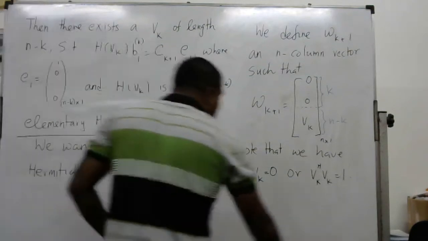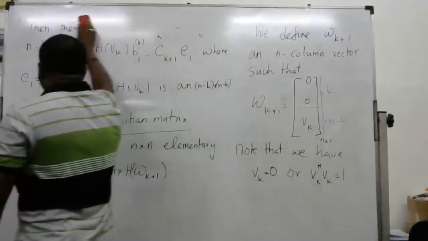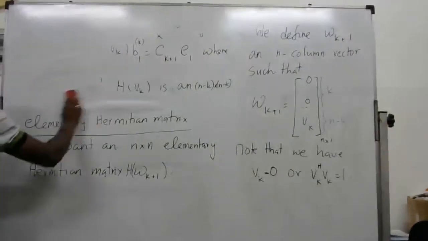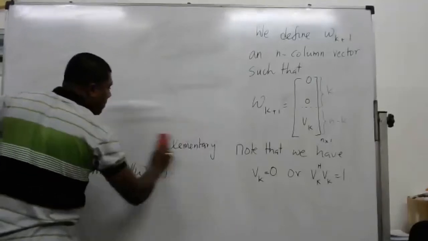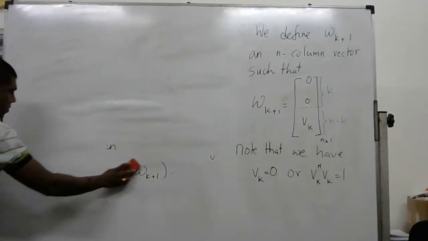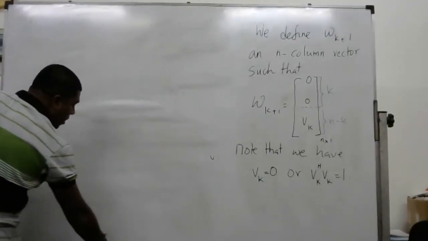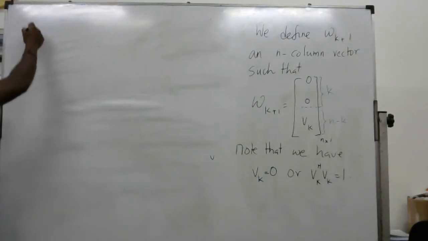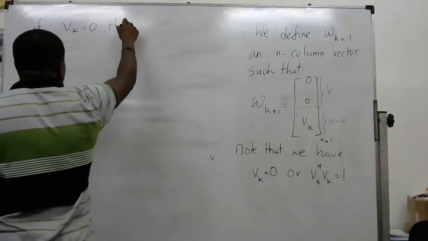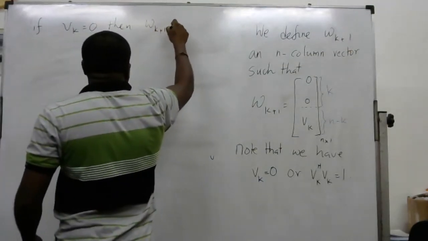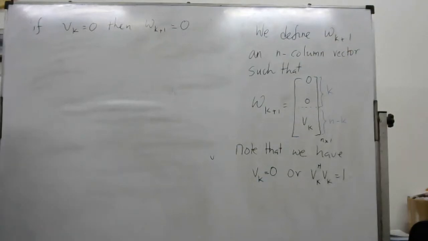So clearly you can see that if Vk is 0, then omega k plus 1 is 0.